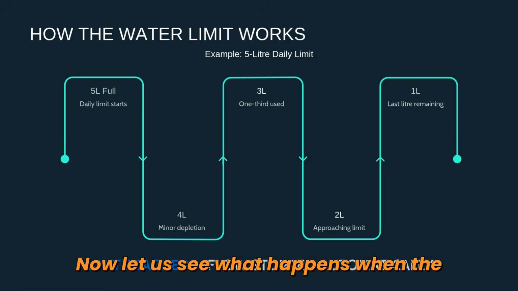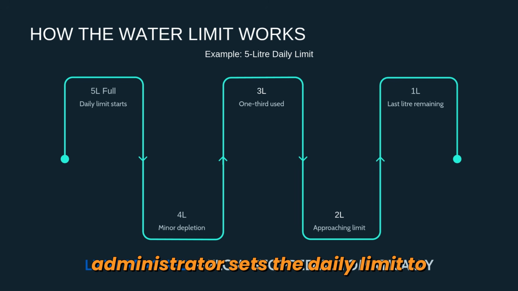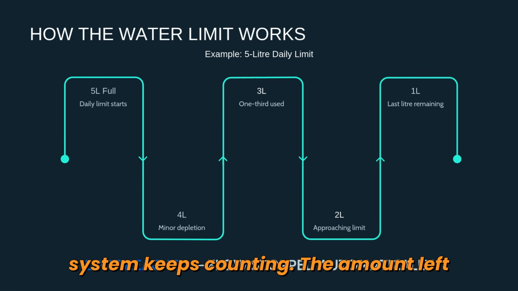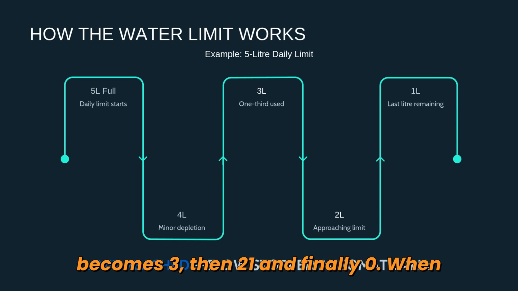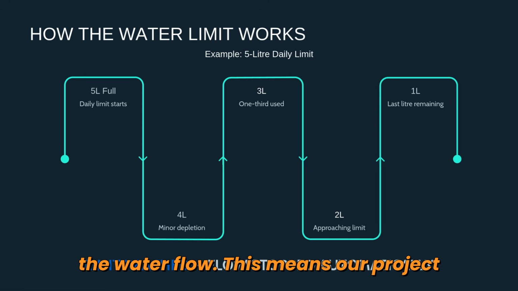Now let us see what happens when the system is being used. Suppose the administrator sets the daily limit to 5 liters. When water is used, the system keeps counting. The amount left keeps going down. 5 liters become 4, 4 becomes 3, then 2, 1 and finally 0. When the limit reaches 0, the system can stop the water flow.